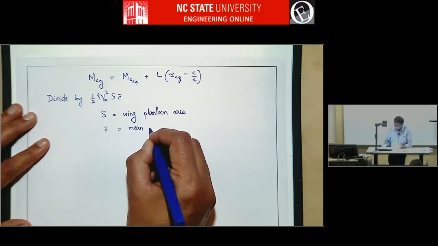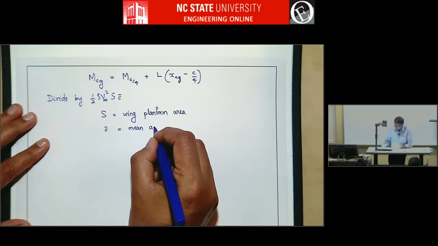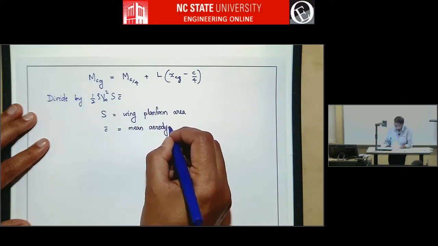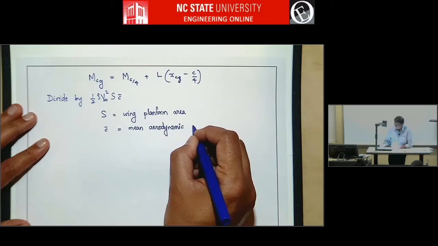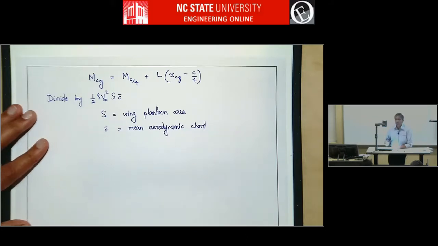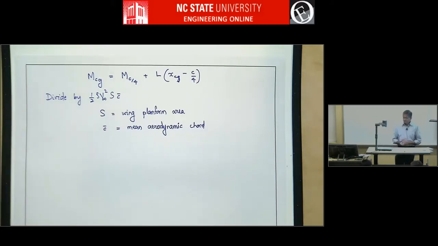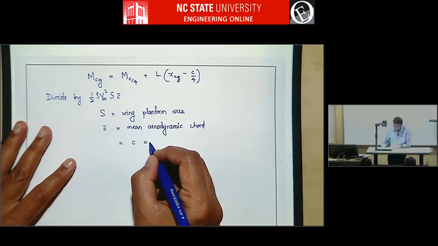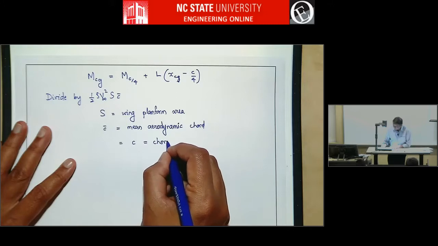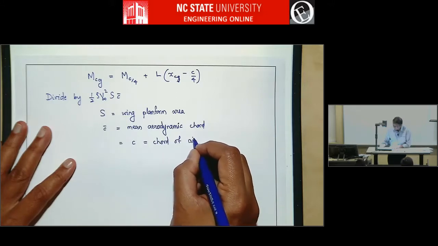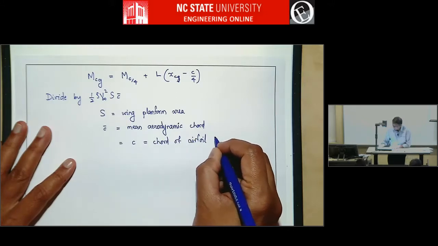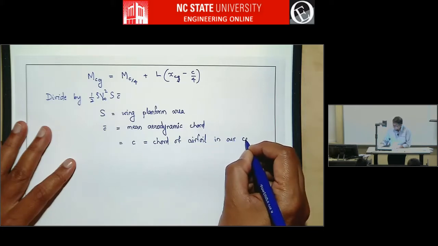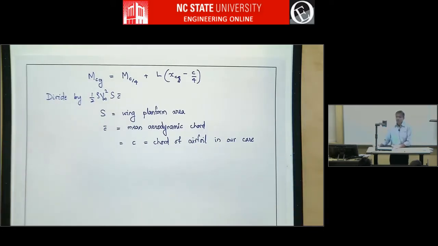And c bar is the mean aerodynamic chord, the reference length usually used to non-dimensionalize pitching moment. In our case, this is equal to the chord of the airfoil, because we have said we are looking at a constant chord, unswept flying wing. So the chord is constant.